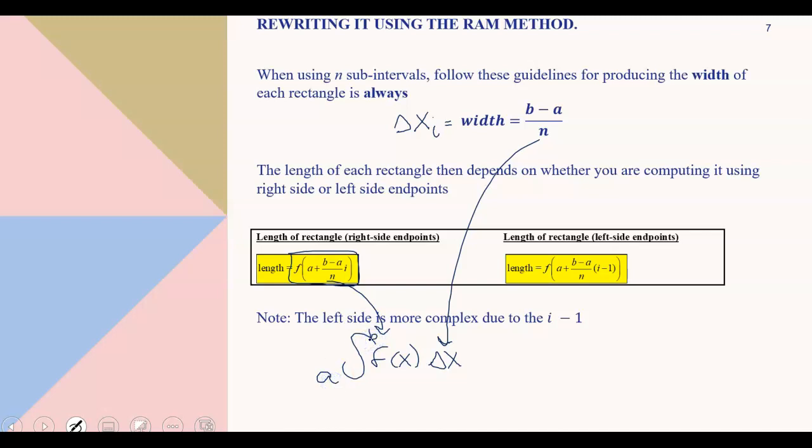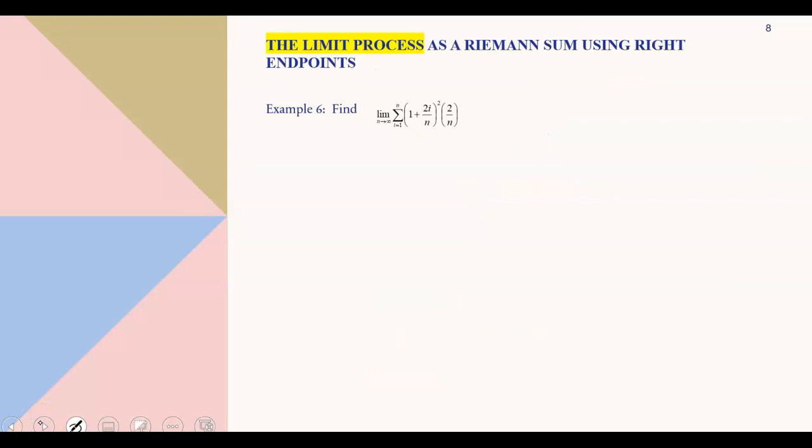The integral is going to change to the summation symbols. The f of x is going to change to a, where your integral starts, plus that delta x sub i subbed in, times that delta x sub i. So you are almost going to see the same things twice. I promise once you see them, it starts to make sense.